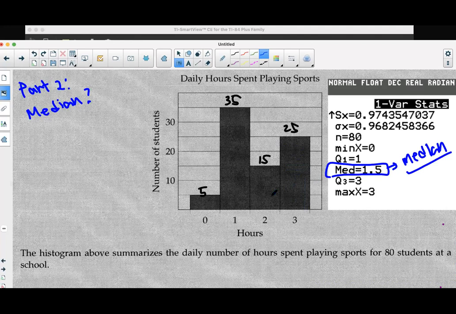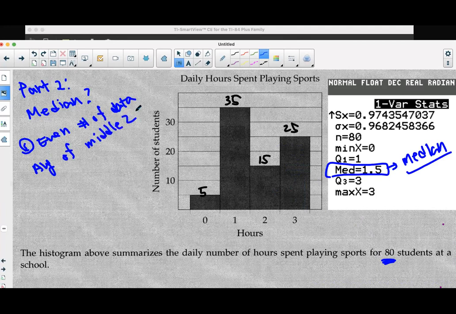But how about doing it by hand? How do you do it? When you have an even number of data, then it's got to be the average of the middle two. Second, if I have an odd number of data, then it's just the middle number.